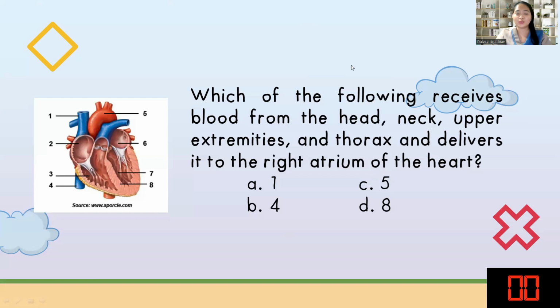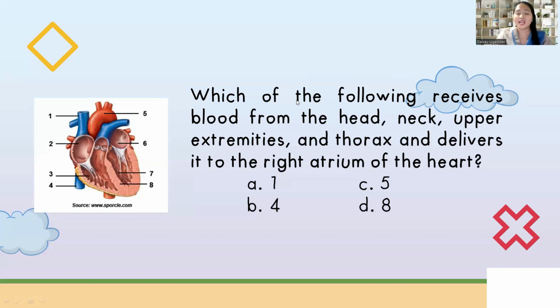Let us try to analyze the question first. It says here, receives blood from the head, neck, upper extremities, and thorax. So meaning the upper part of your body, before it passes the blood to the right atrium of the heart. Again, the right side of the heart has the deoxygenated blood, or the blood with carbon dioxide.